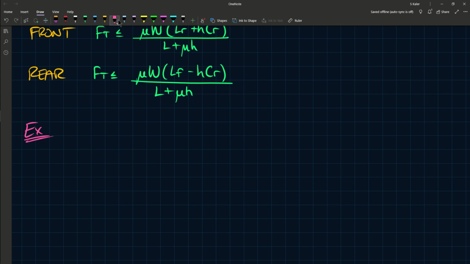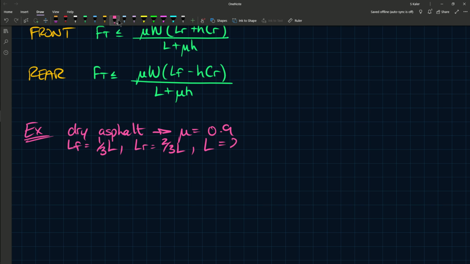So let's say you have a vehicle and it's front wheel drive and it's on dry asphalt. That means mu is equal to 0.9, and LF is equal to 1/3 L, and LR is 2/3 L, and L itself is equal to 2.75 meters, and H is equal to 0.75 meters, and CR is equal to 0.01.